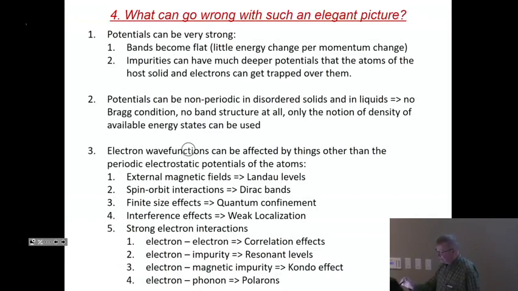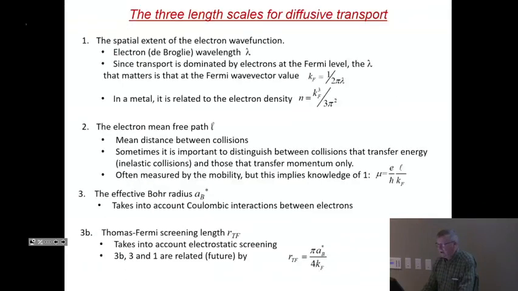And then you can have your electron wave functions affected by things other than the electrostatic potential: an external magnetic field, spin-orbit interactions, finite size effects, interferences around impurities, and strong interactions of electrons with electrons, with impurities, with magnetic impurities, or phonons. Okay, so we need to set the limits where this simple band structure picture is applicable.